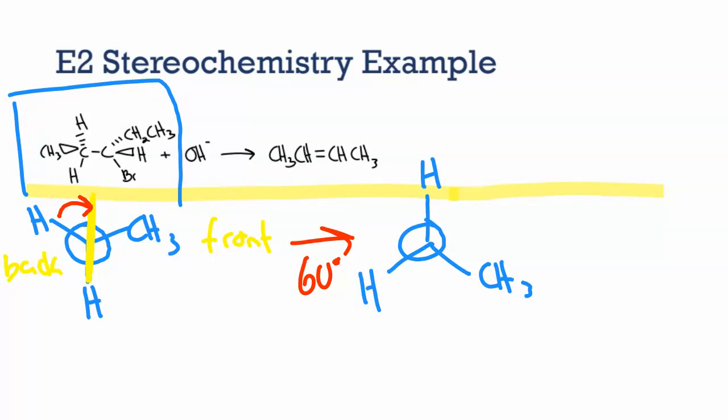So here's the plane, front of the plane, back of the plane. Does that make sense? After I rotate, this right carbon has no change.